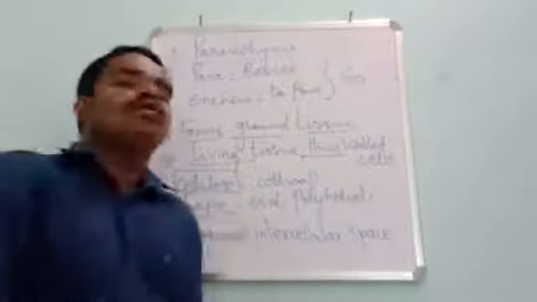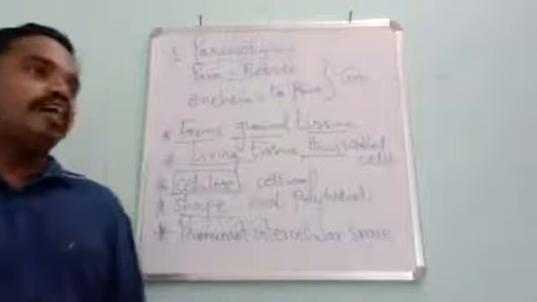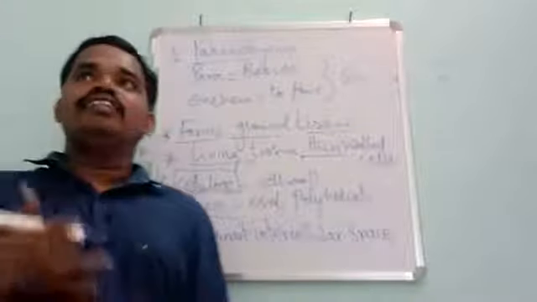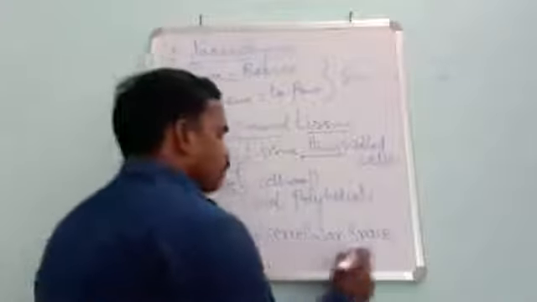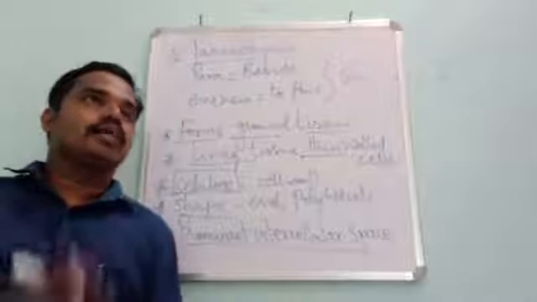The shape may be oval, polyhedral, cylindrical, irregular, or in certain cases armed shape. And in parenchyma we can see very visible, prominent intercellular space.